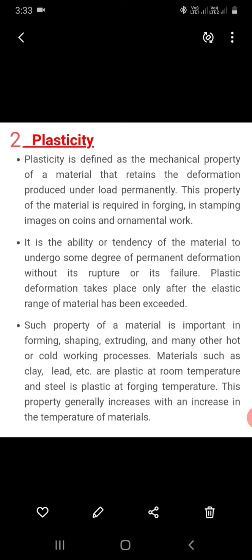It remains in the same state. Such a property of a material is called plasticity. This plasticity is helpful in many engineering works such as stamping, extruding, making coins and wires. These are helpful in different ways.